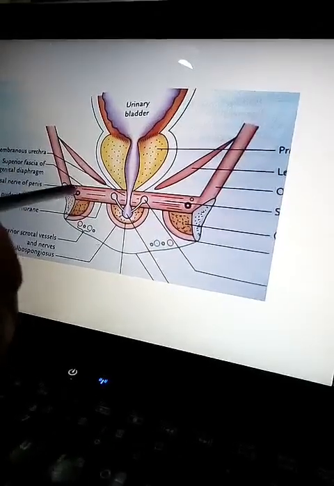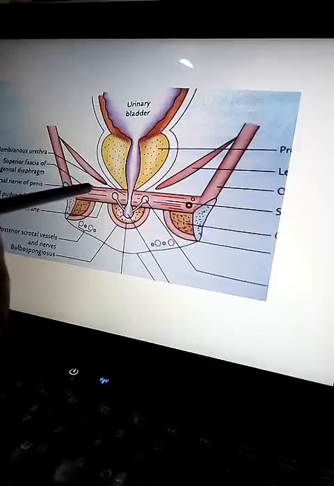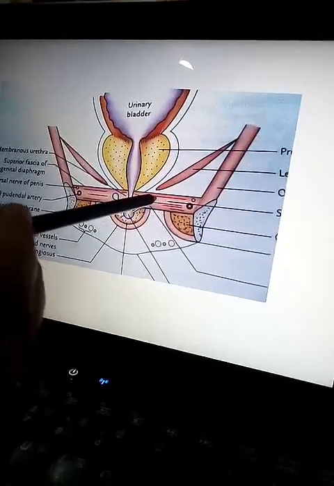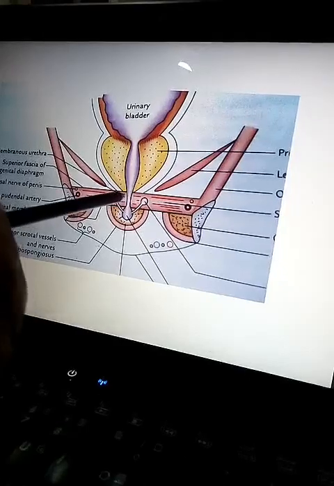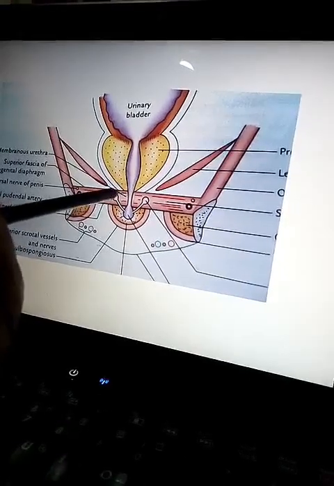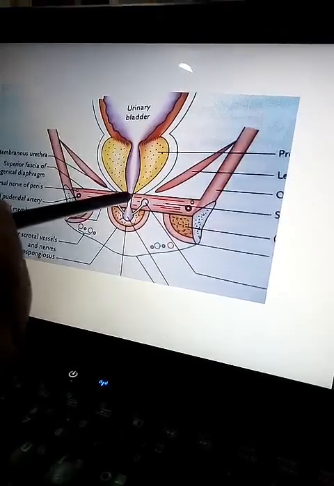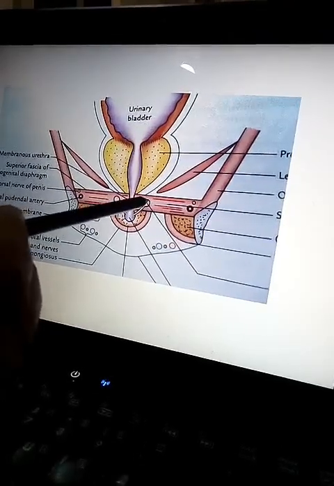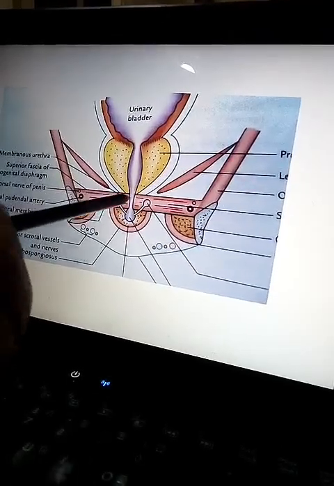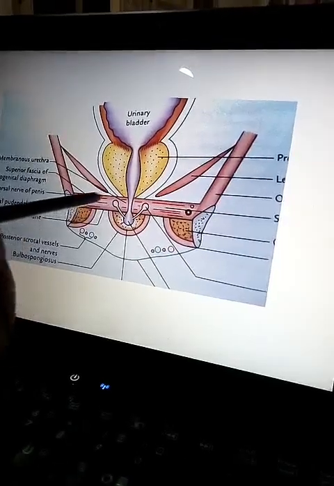Another content of the deep perineal pouch is the sphincter urethrae muscle. It surrounds the membranous part of the urethra in male and urethra and vagina in female. The sphincter urethrae muscle forms the voluntary external urethral sphincter.